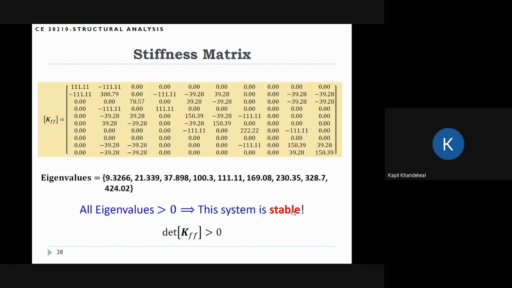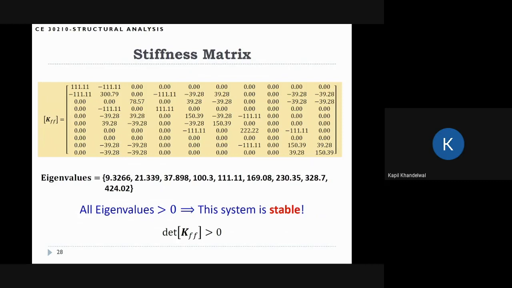And this is the new KFF, and these are the eigenvalues. Now, interestingly, all the eigenvalues are greater than 0. So there is no eigenvalue that is less than or equal to 0, and this system is stable. For this case, the determinant of KFF is also greater than 0. So KFF is invertible, and there is no issue with this KFF.